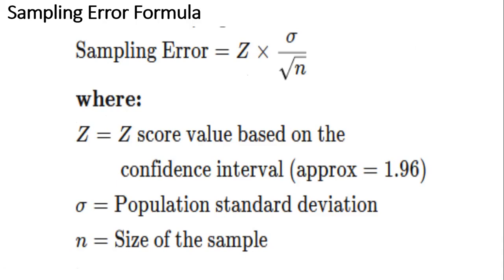And Z scores are based on the confidence level, approximately 1.96. So when you want to get the sampling error, just take Z, which is approximately 1.96, and then you look at the population standard deviation, then the sample size.